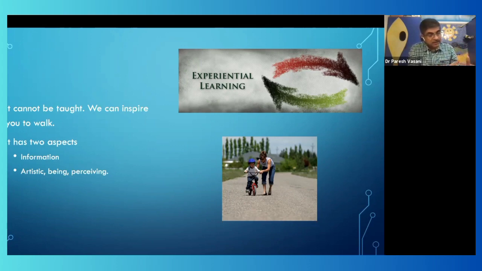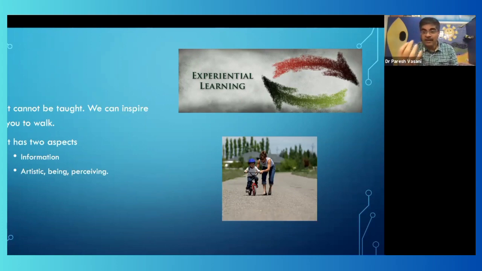So learning the source information is one part, but the second part is learning to perceive it. The art of being receptive and seeing that language. And this artistic part, we cannot teach you. We can guide you. We can show you that this is how it can be done.